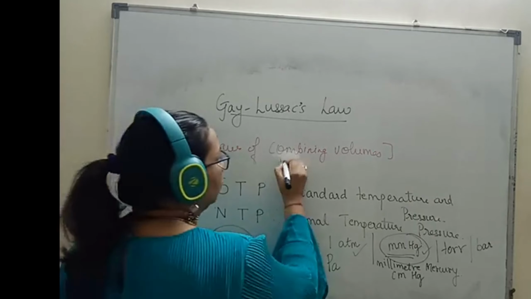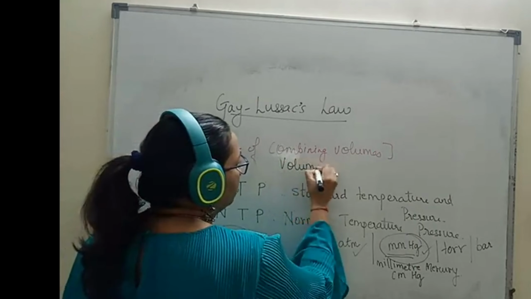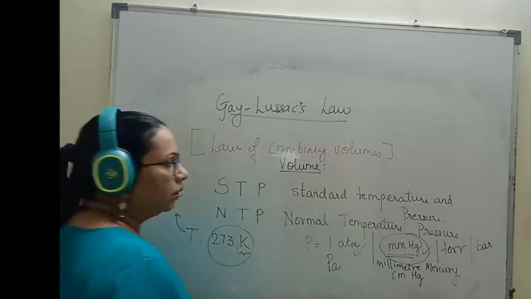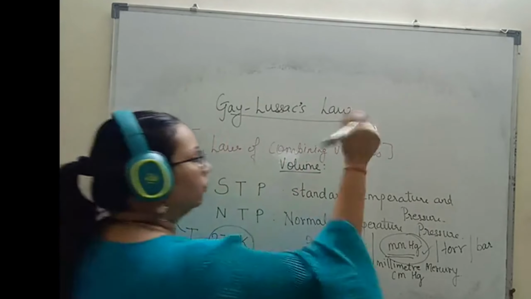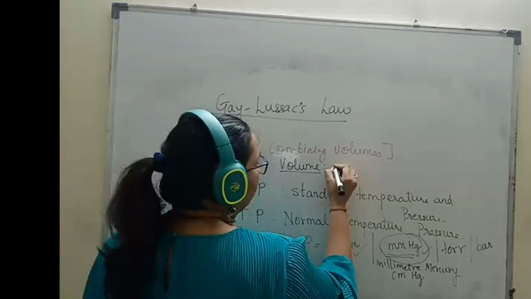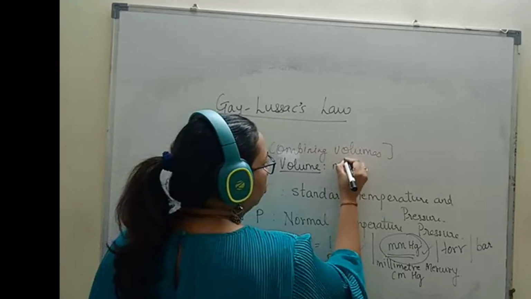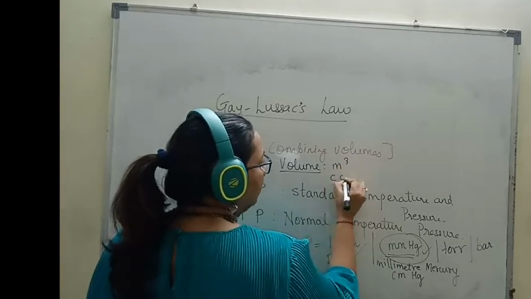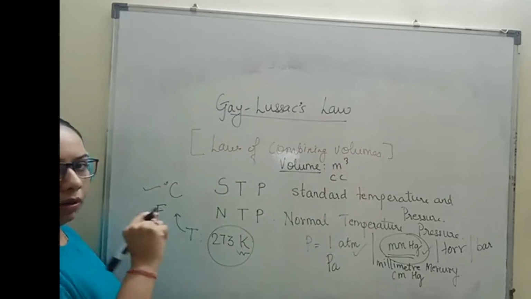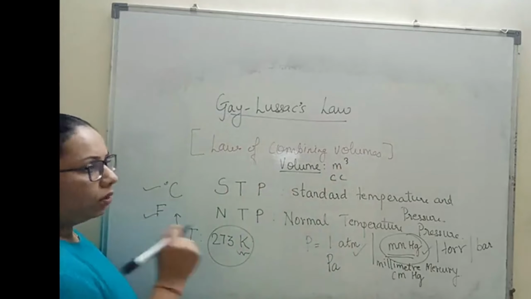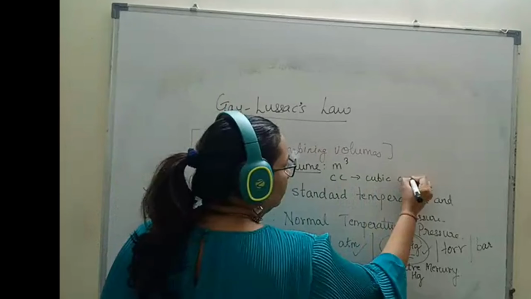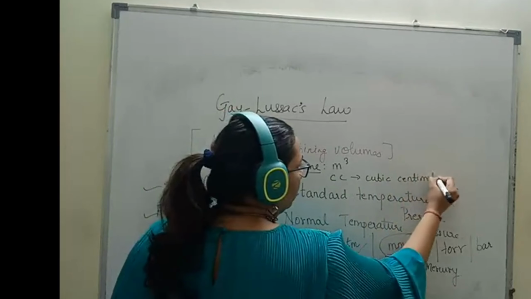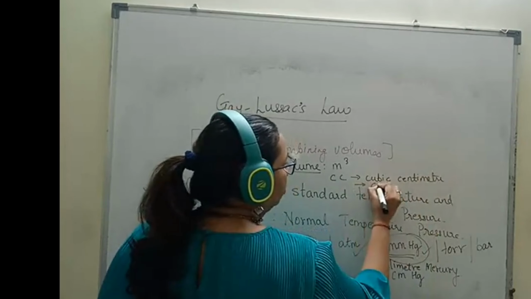Be writing all the units pertaining to volume, because we do have the volume law here. So volume's unit is also important. Volume is taken with many units. You can write meter cube. You can write cc. cc is used in a lot of questions. You can call this cubic centimeter or centimeter cube.